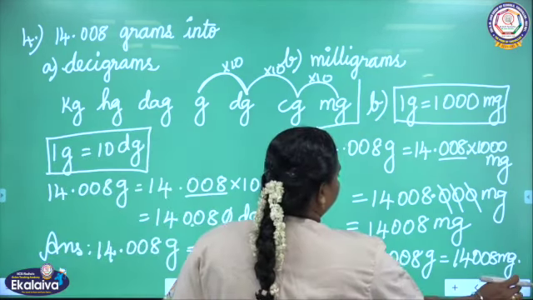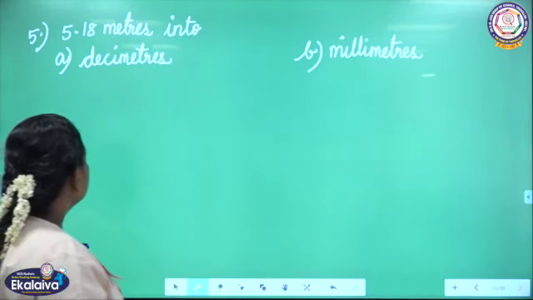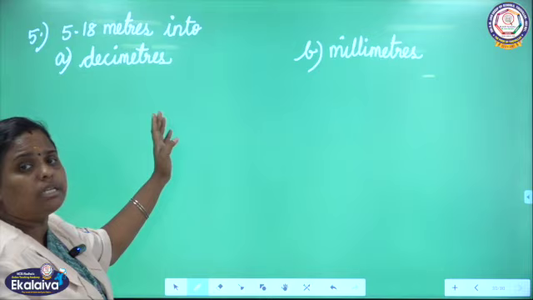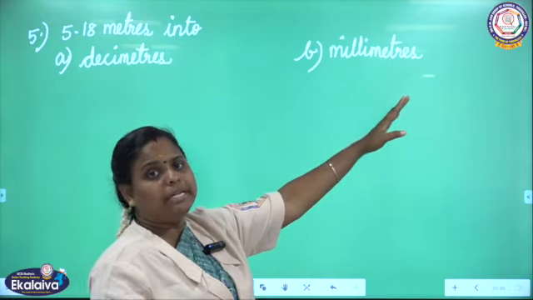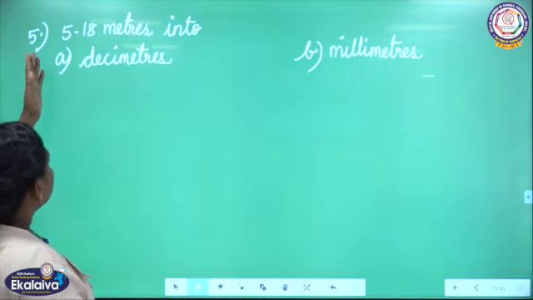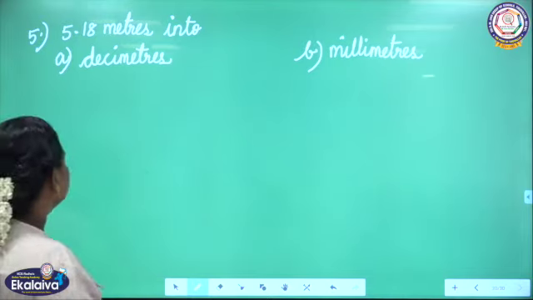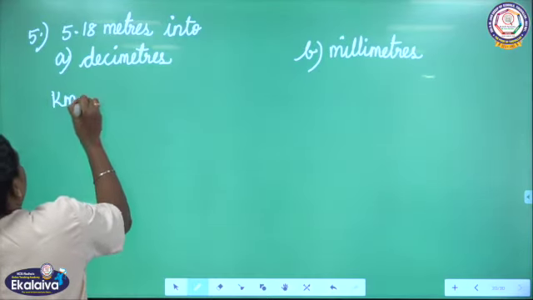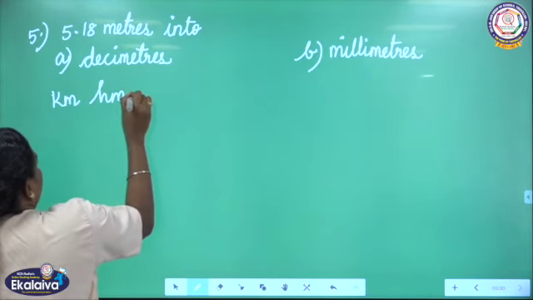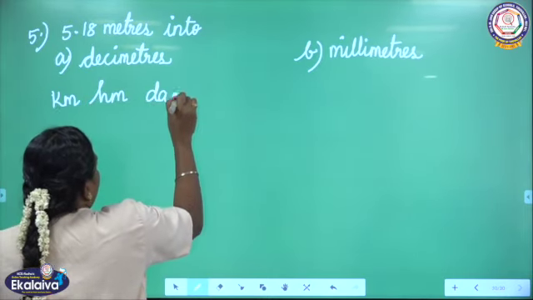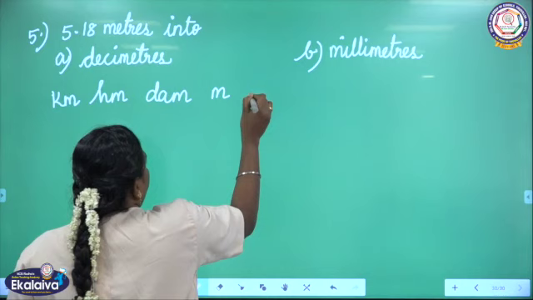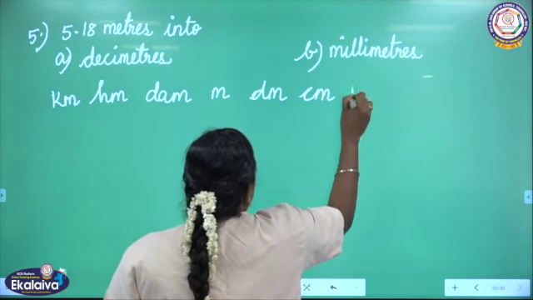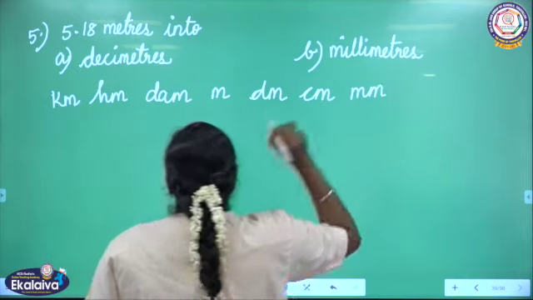Next one. 5.18 meters into decimeter and millimeter. We are going to convert 5.18 meter into decimeter and millimeter. You write kilometer, hectometer, decameter, meter, decimeter, centimeter, then millimeter.